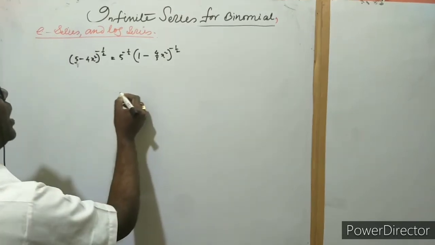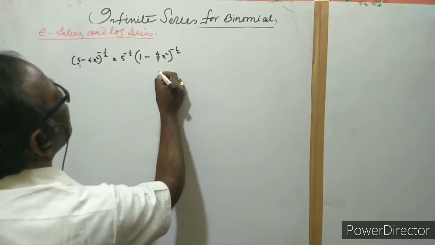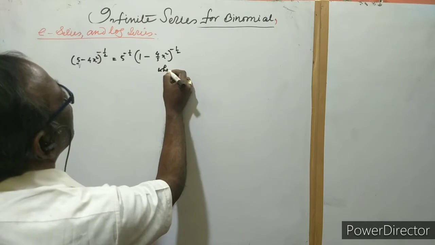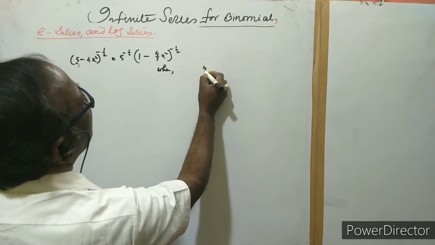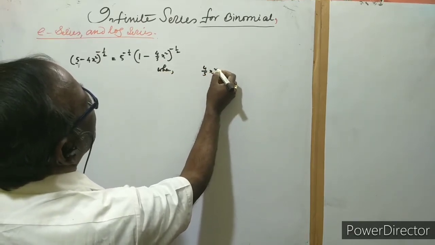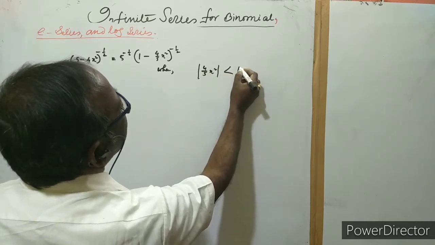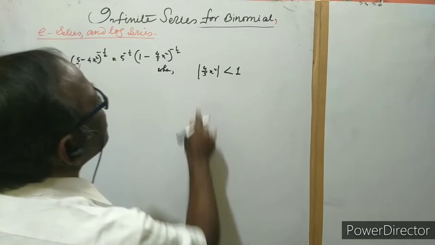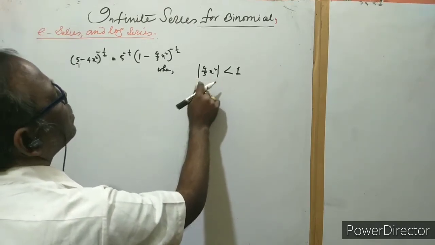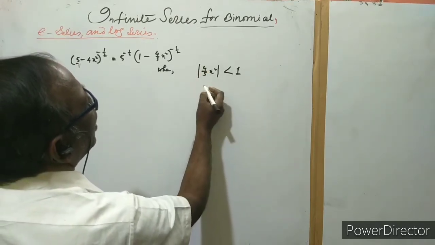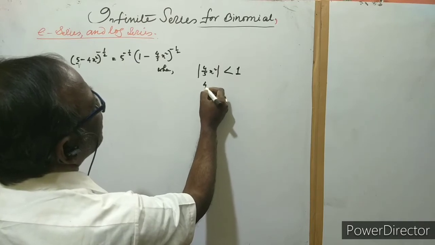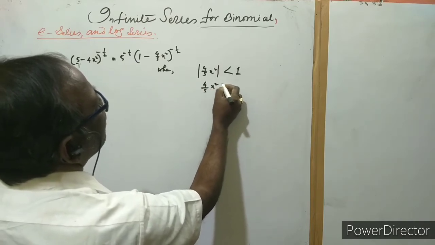And this would be expandable when the mod of 4 by 5 x square is less than 1. See here, this is x square, so no need for mod there. You can see that this is always positive.